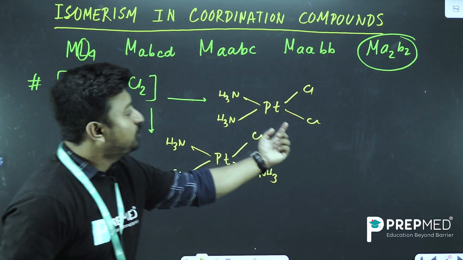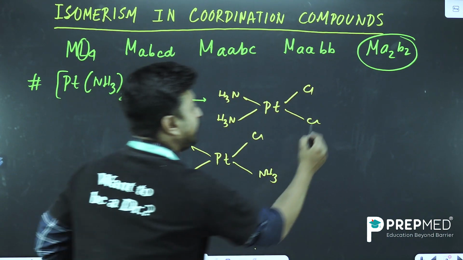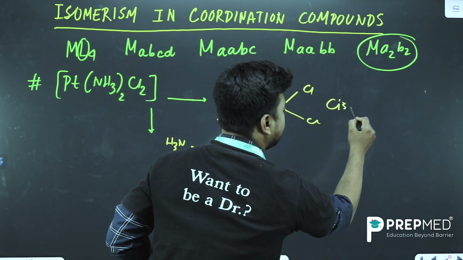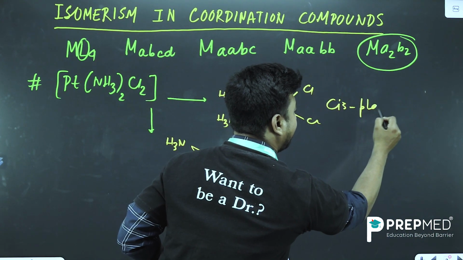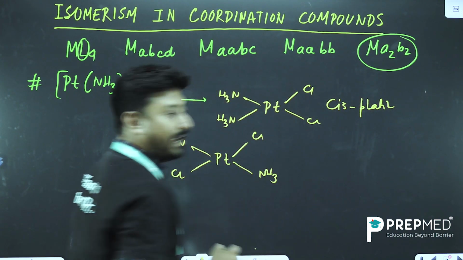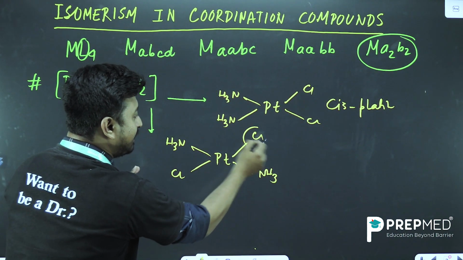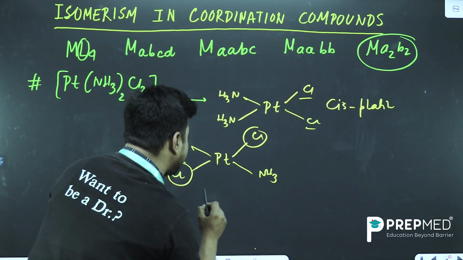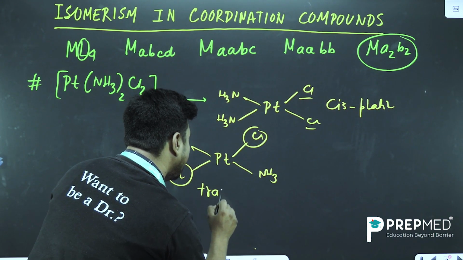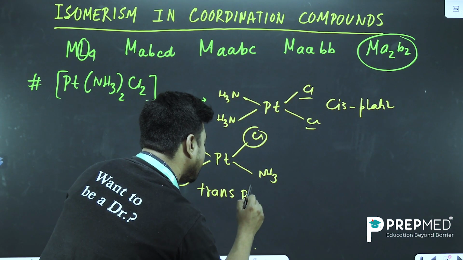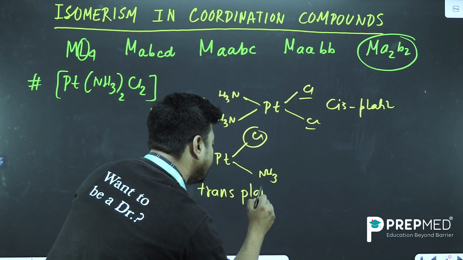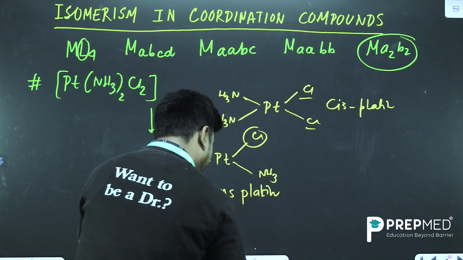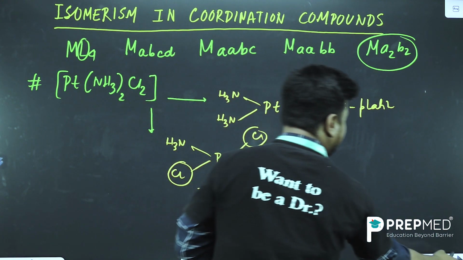Now see here, the 2 Cls are on the same side. So definitely this is called cis, and the molecule is called cisplatin. Right? And in this molecule, the 2 Cls are opposite to each other. Correct? So this is called your transplatin. Got it? Okay.